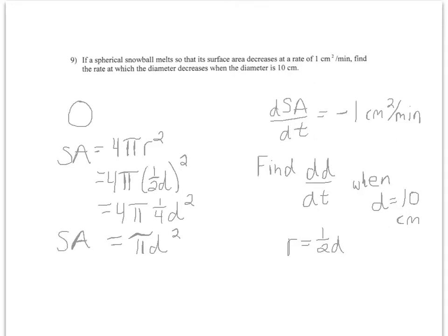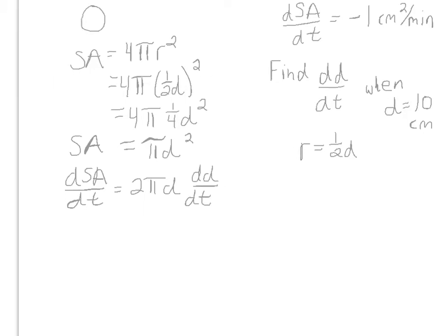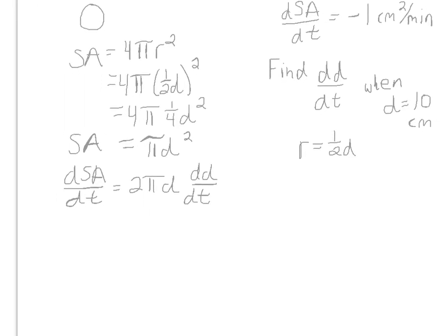So now we're ready to take the derivative of the surface area formula. So we get dSA/dt equals 2 pi d times dD/dt. And since we're solving for dD/dt, I'm going to divide by 2 pi d.